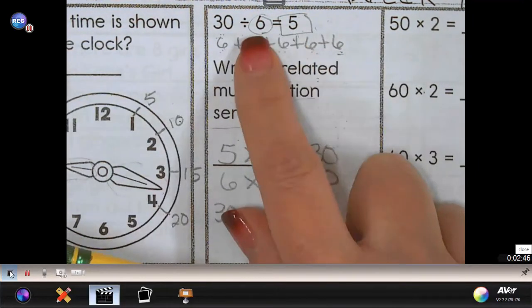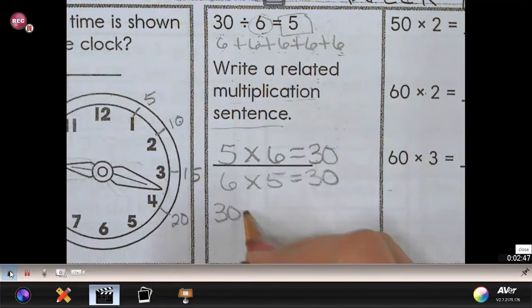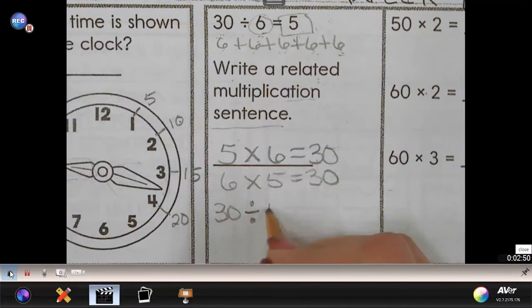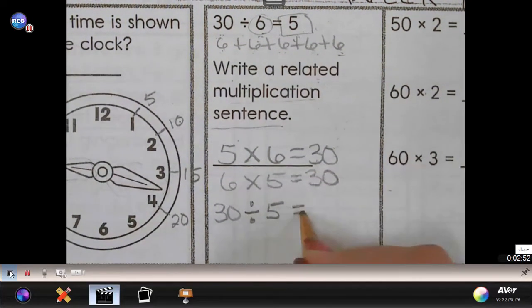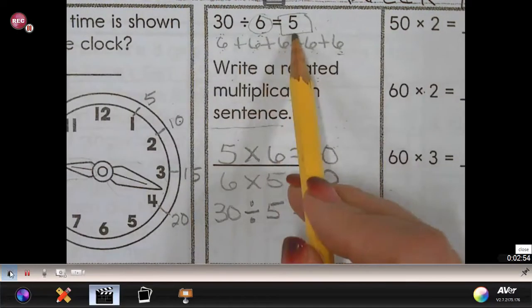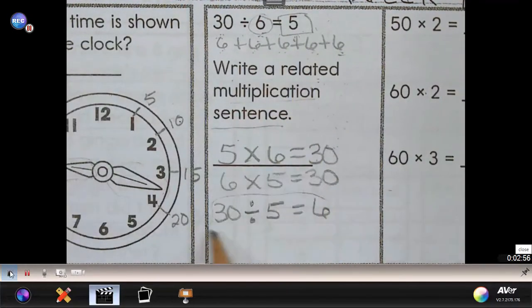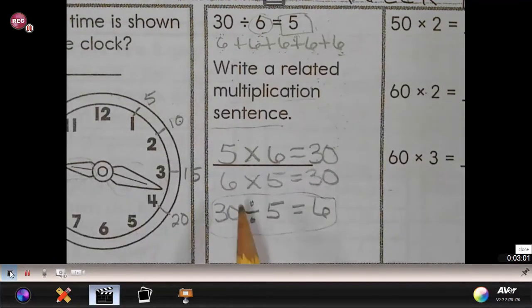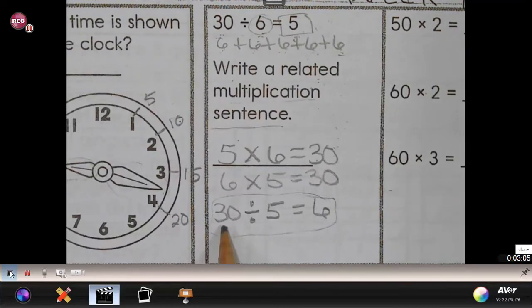We can switch these. So I could switch the divisor with my quotient here and here, and this is still going to give me my new division sentence. Remember, you always start with the number of objects you're breaking up into smaller groups, because that's why we're dividing.